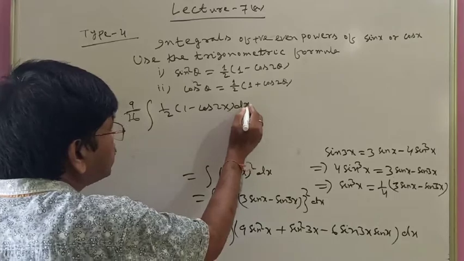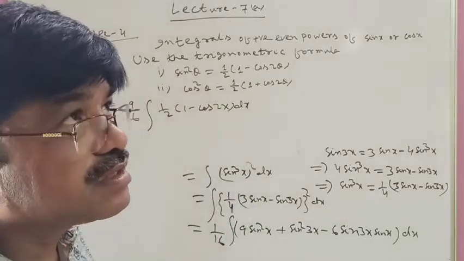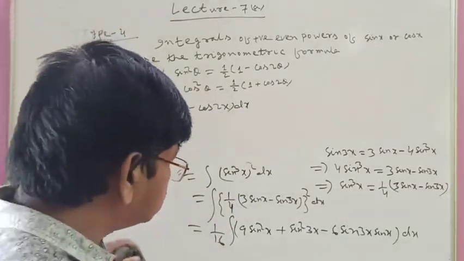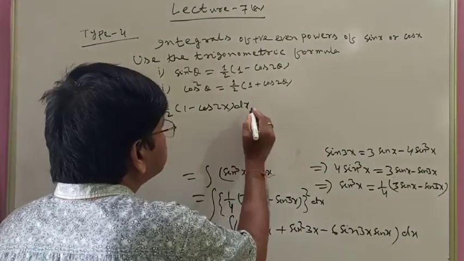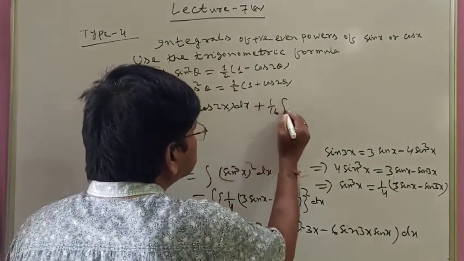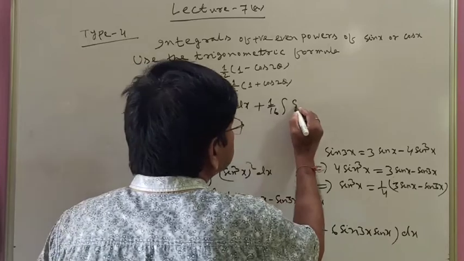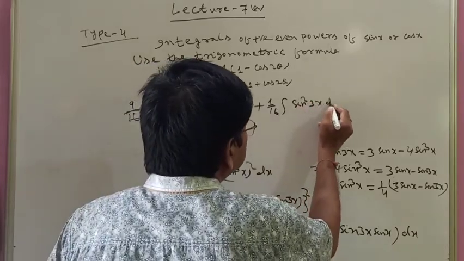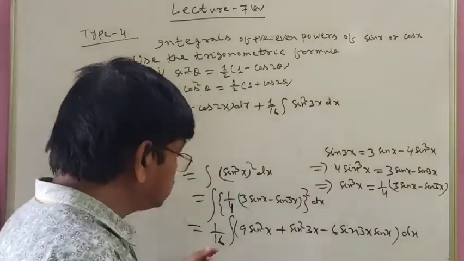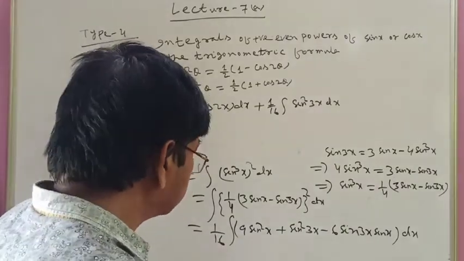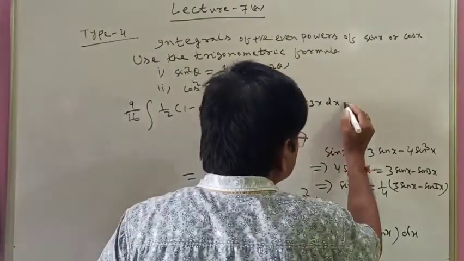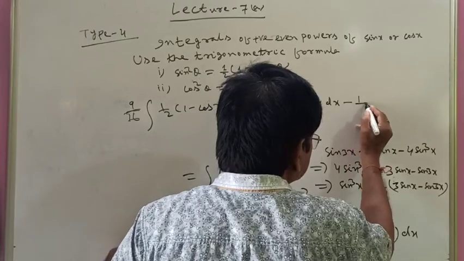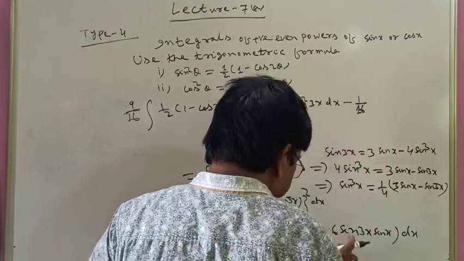So now you can integrate this easily. Am I clear? So now 1 by 16 into sin square 3x, 1 by 16 is a constant, keep it outside, then it is sin square 3x. Next one is 1 by 16 into 6, but here is minus, so it is minus 1 by 16 into 6.